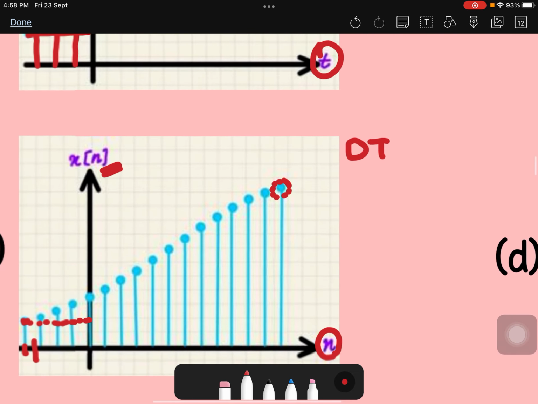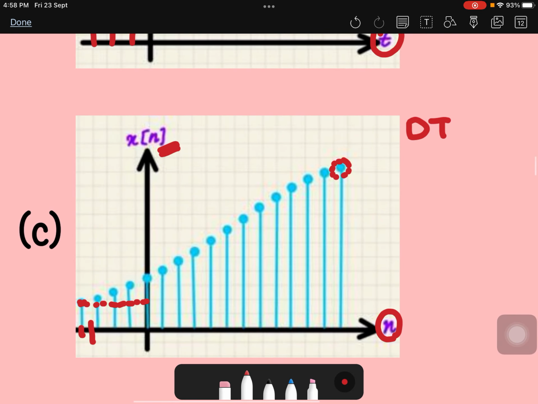Now for the signal in figure C, again let me quickly delete this. We can see that the amplitude is only available at certain points in time. However, that amplitude has a range of values. Let's say this is T1.